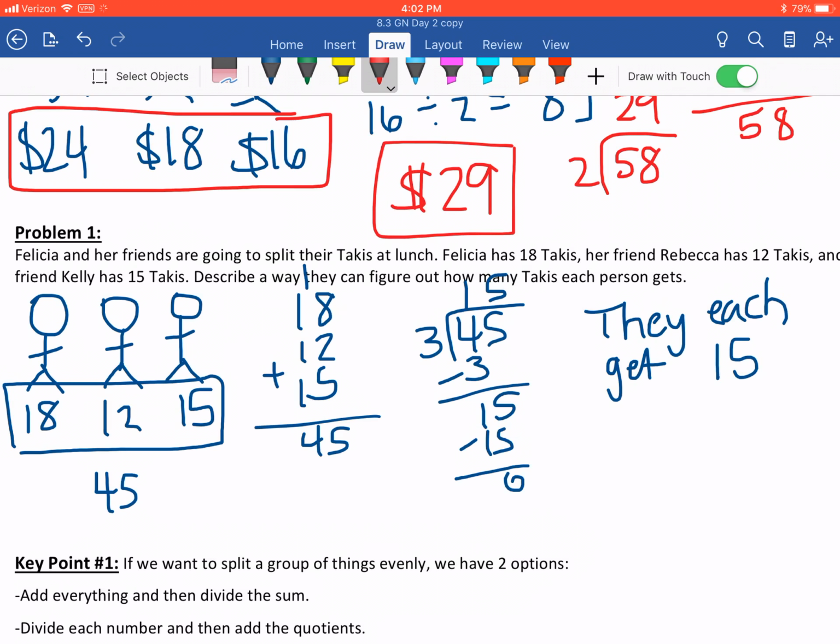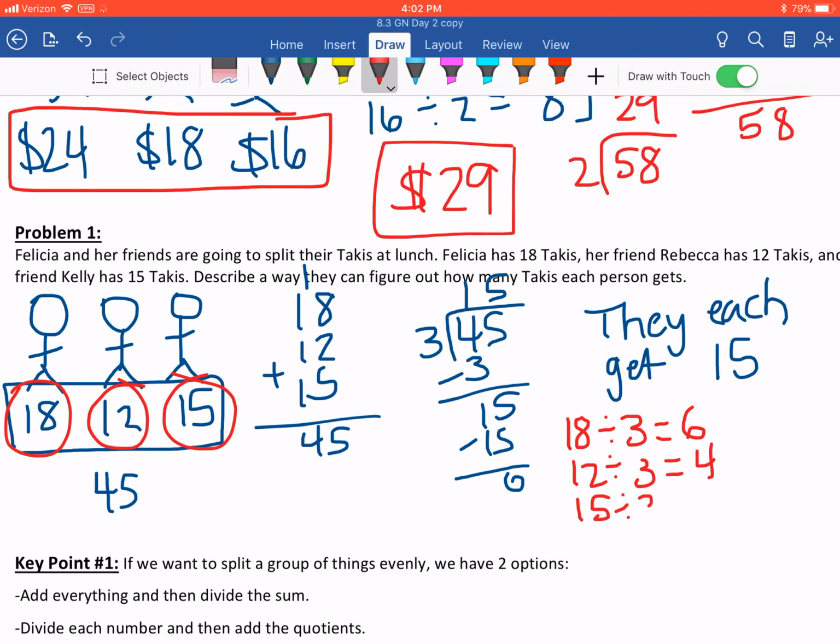Now, there's another way that you might have done this. Okay, we also could have just thought, all right, I'm going to take each of these and divide them separately by 3. So if I do 18 divided by 3, that gives me 6. Then I have 12 divided by 3 gives me 4.